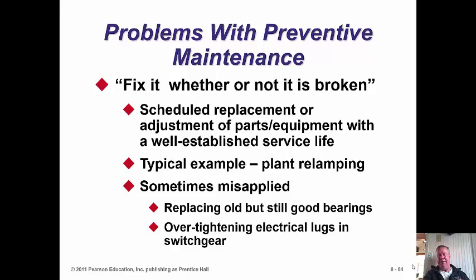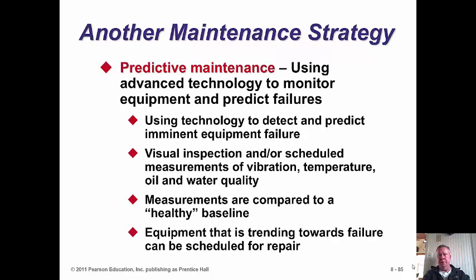So again, if that's not really addressed as part of your program, then you may be needlessly throwing away good parts, good oil, good whatever. And it also can be misapplied where people actually break stuff in the inspection process.